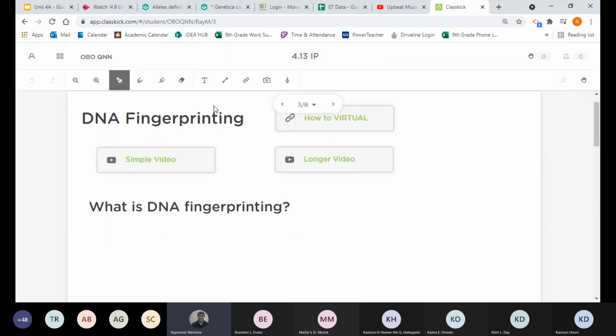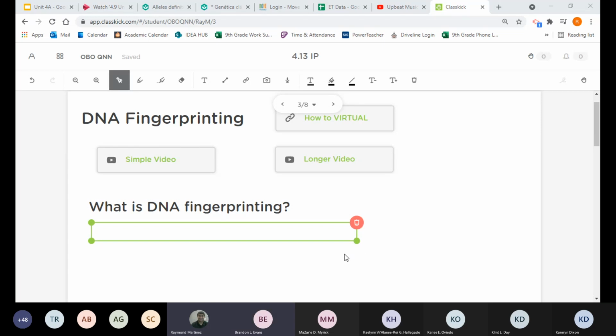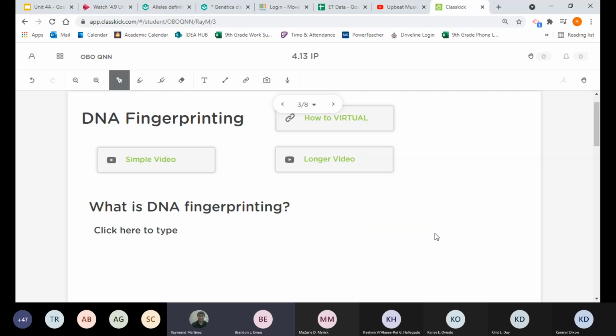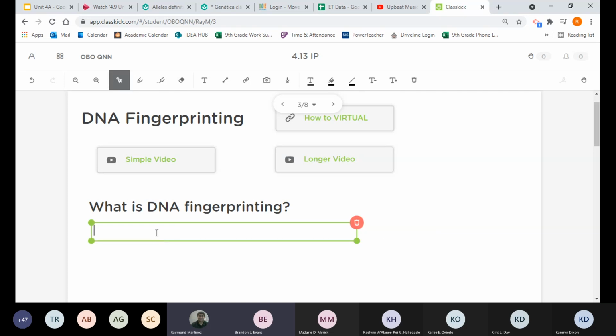Okay, so what is DNA fingerprinting? DNA fingerprinting means you're finding like more evidence of somebody's fingerprints.